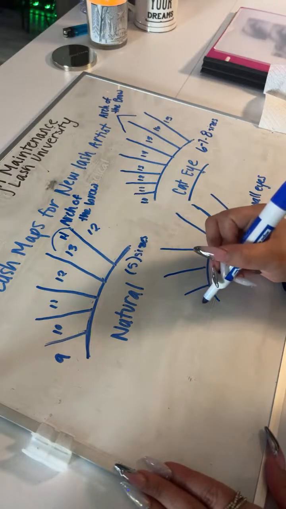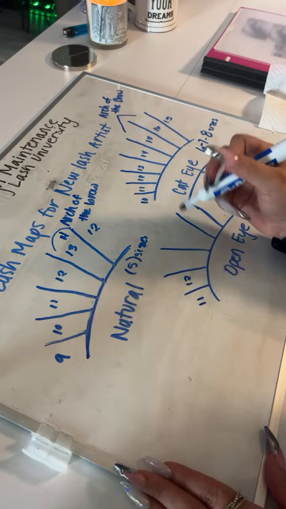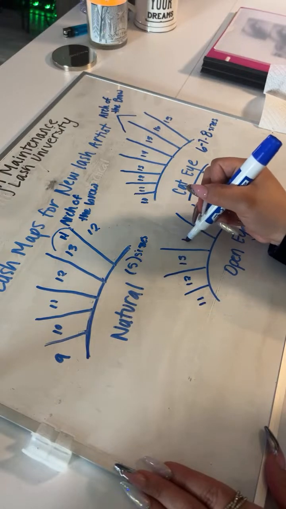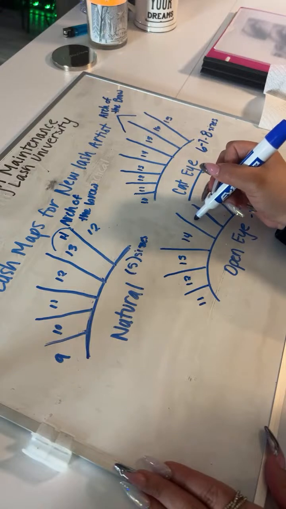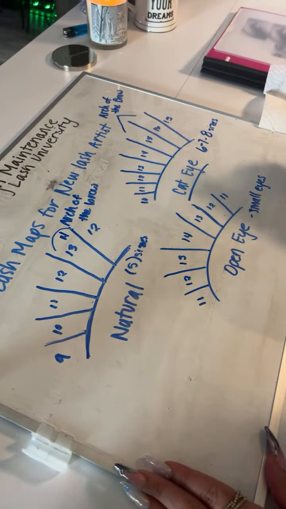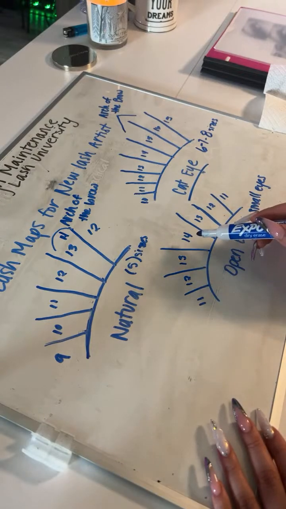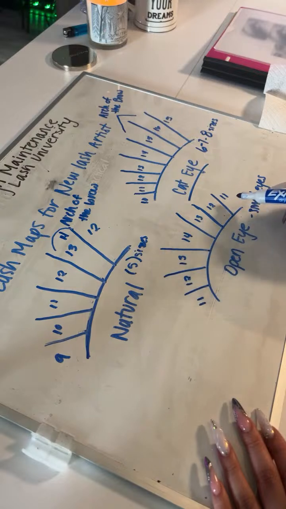So for open eye, you could be doing 11s, 12s, 13, 14 as our longest size, and then 13, 12, and 11. So you're literally going to work your way up quick towards the middle of the eye, and then you're going to work your way back down.